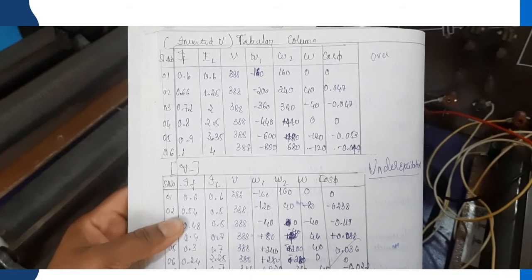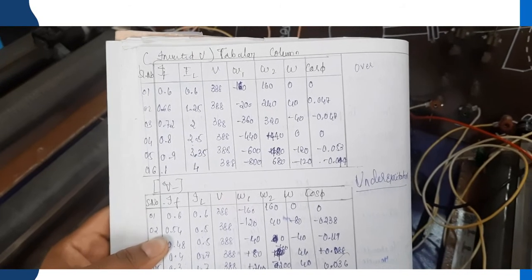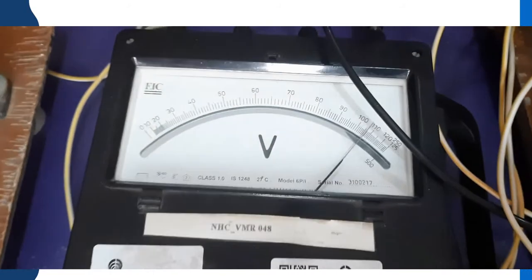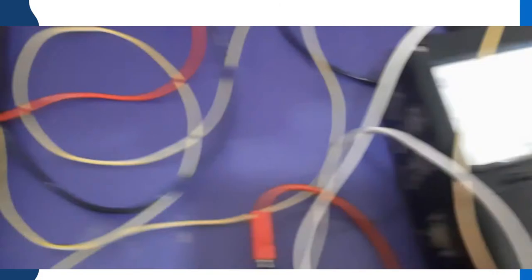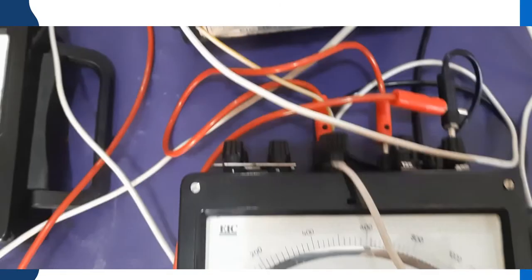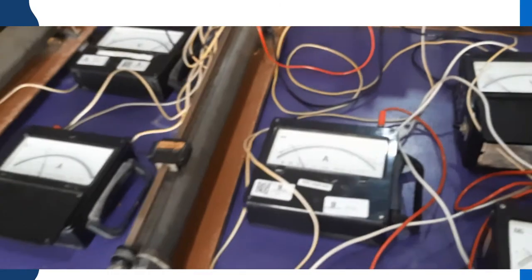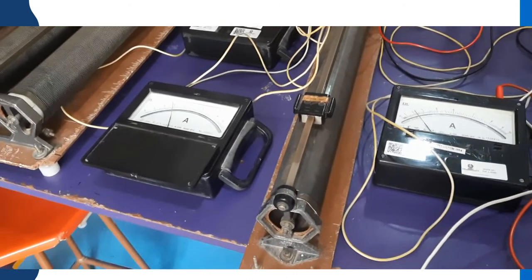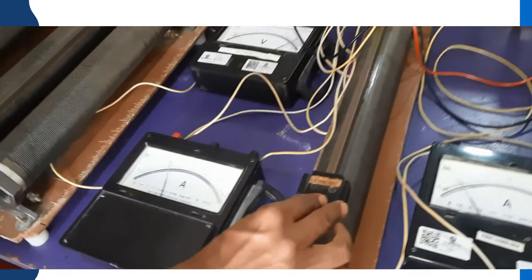We have to create two tabular columns, one for the V curve and another for the inverted V. In tabular column 2, note down IF, IL or IA, the voltage, and W1 and W2. Do the steps for around 4 values until you reach 0.6.